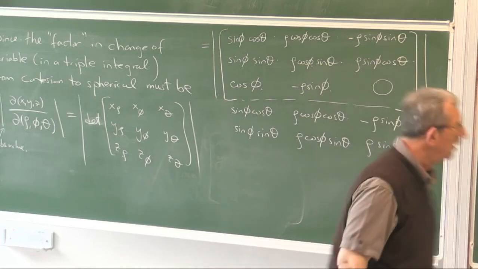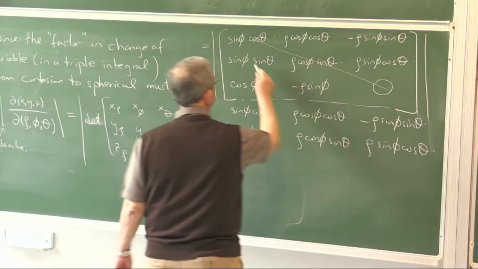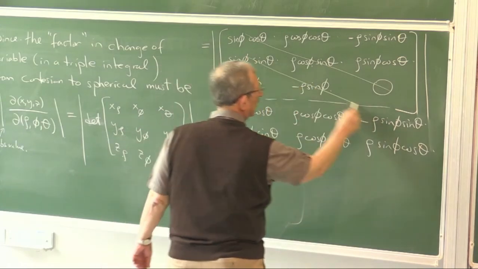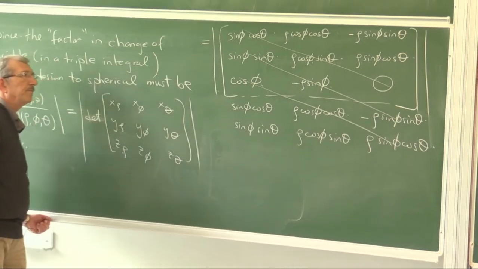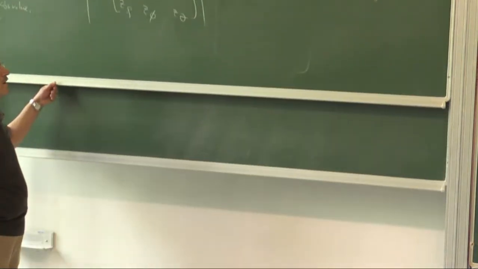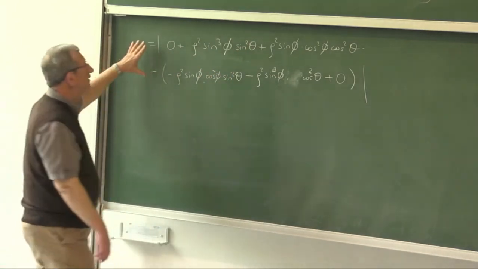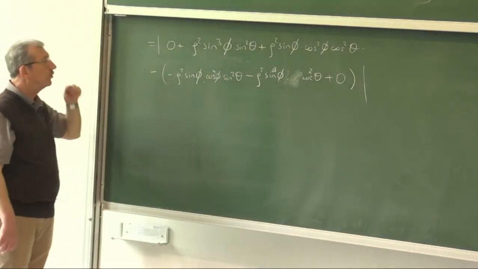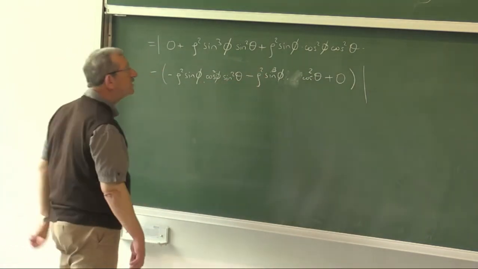Now we need to calculate these products. Looking at the diagonals, we obtain these calculations in absolute value. Of course, these minuses make everything plus.